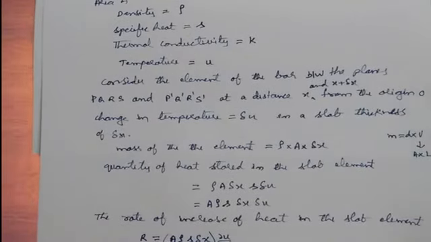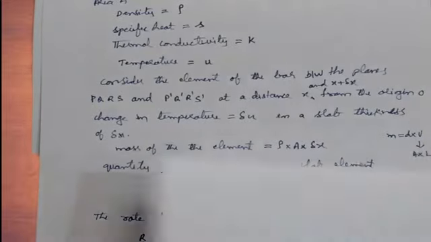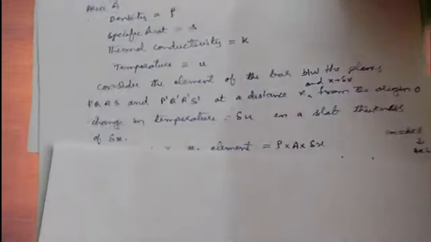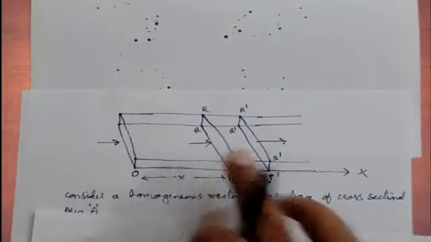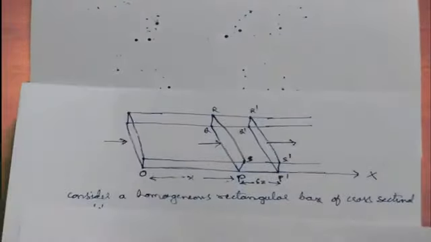Now further, if you want to write down the rate of inflow, how much quantity of heat is flowing through the first cross section area.